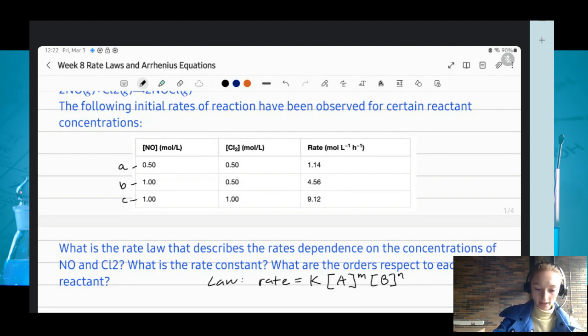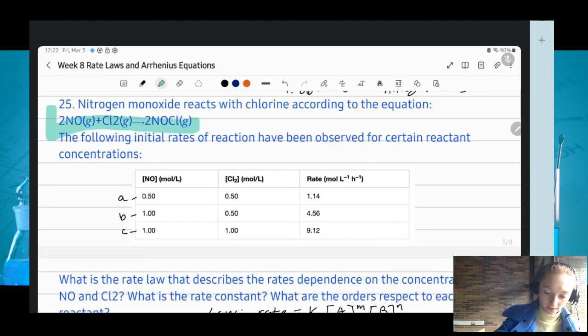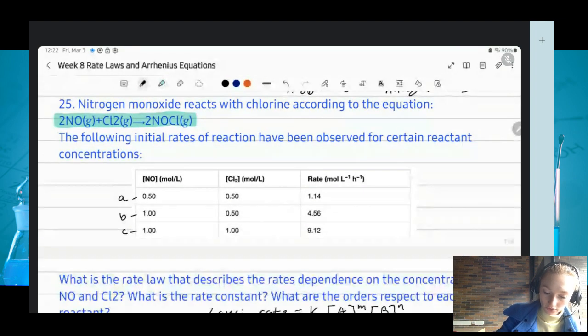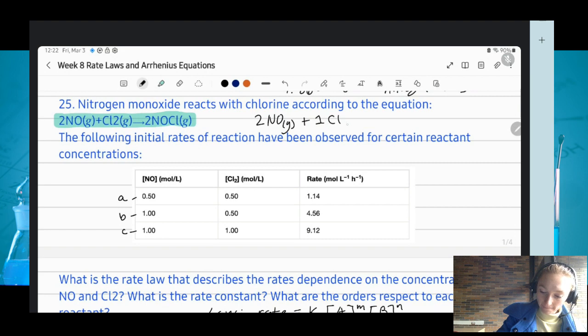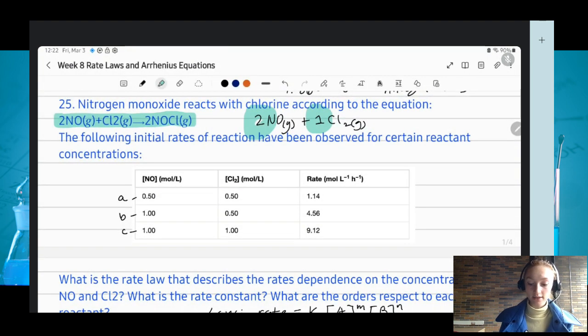If we look back at the reaction here, it's 2 NO gas plus 1 chlorine gas. So if you can see here, the coefficients in front of the nitrogen monoxide and the chlorine gas are 2 and 1. So the order of the nitrogen monoxide is 2.